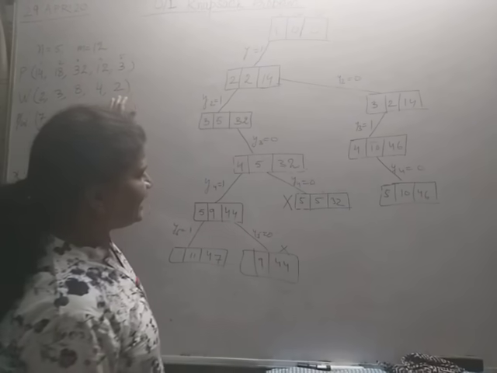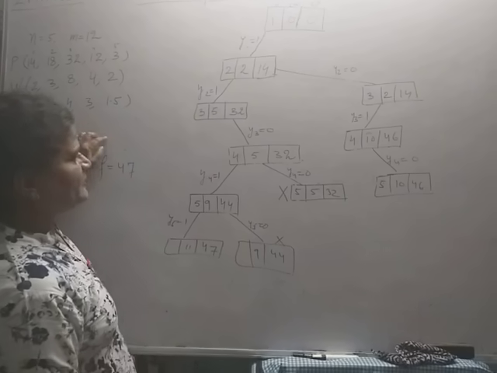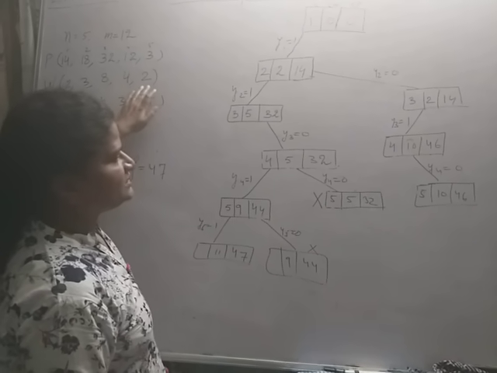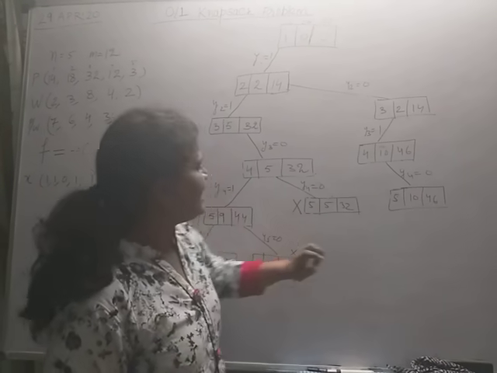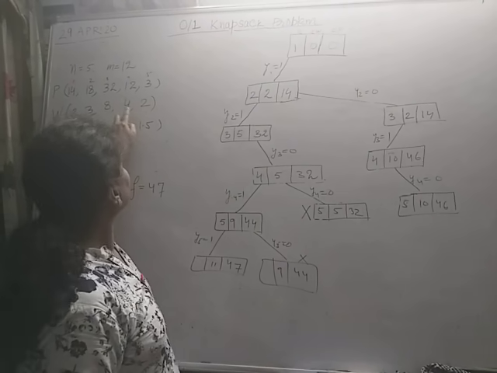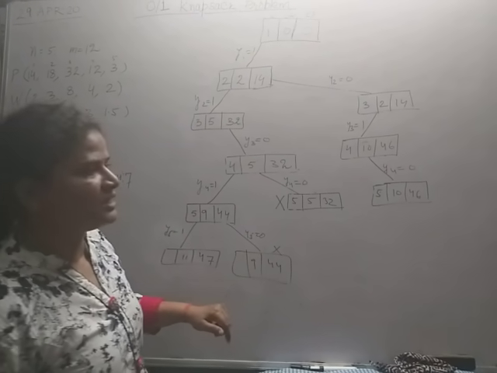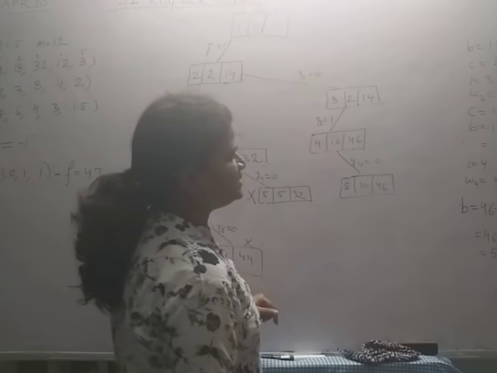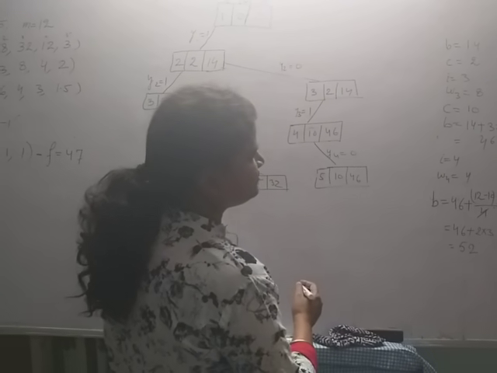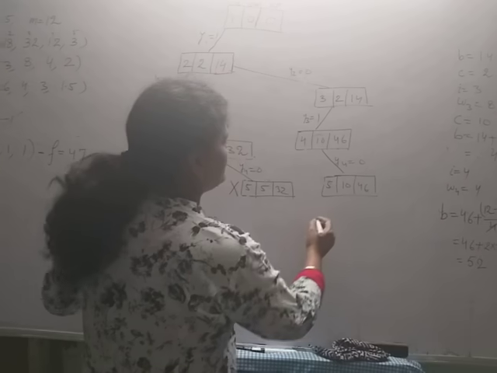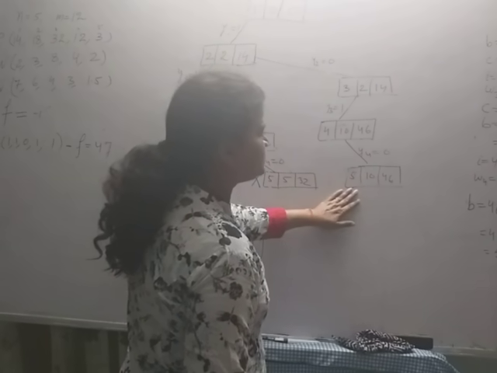Now for the right branch, the fifth object is 10 and simply here the fifth object weight is 2. So we can move to the fifth object. Okay, so here y4 equal to 0.